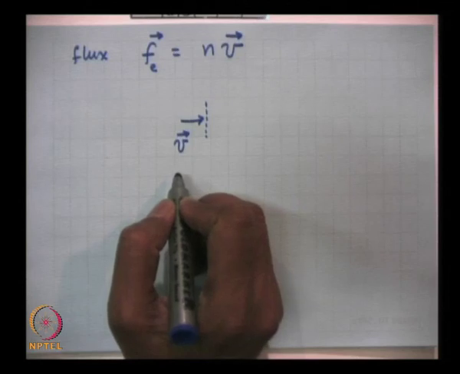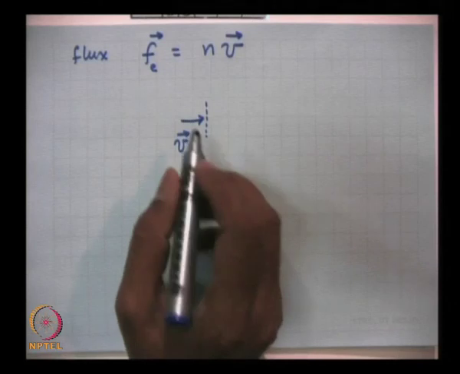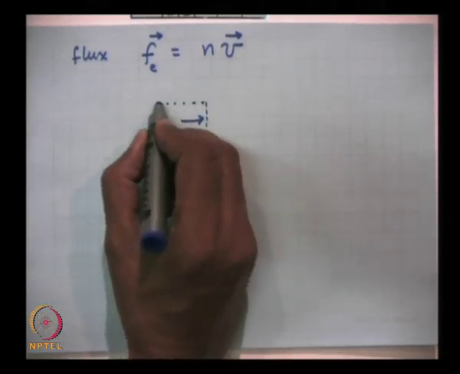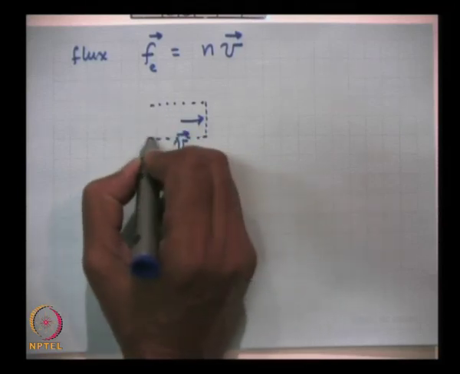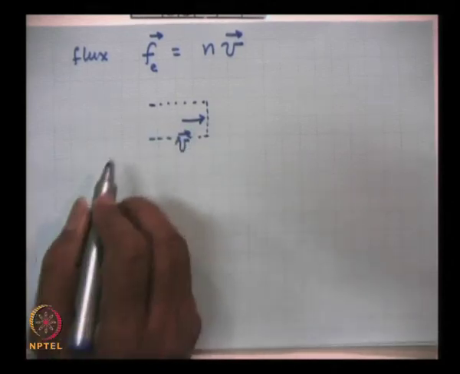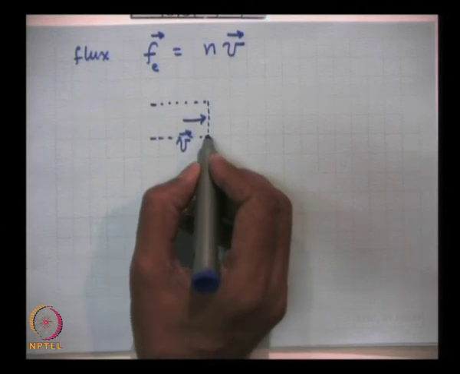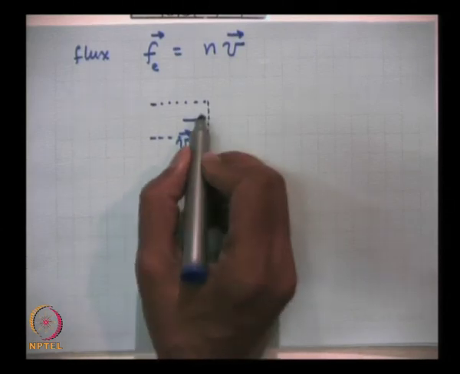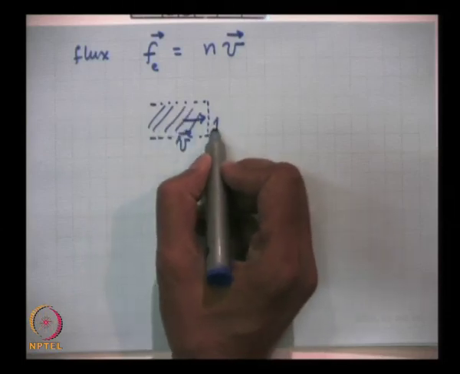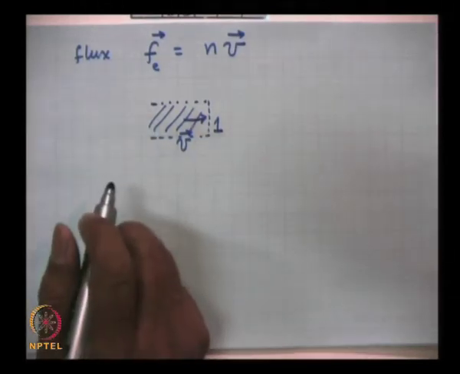V is the average velocity with which the electrons move, meaning the distance they travel in 1 second. So, all those electrons which are at a distance equal to or less than v will be able to cross this, because in 1 second they will travel a distance v. So, all those particles that are in a volume of unit cross section and length v will be able to cross this.